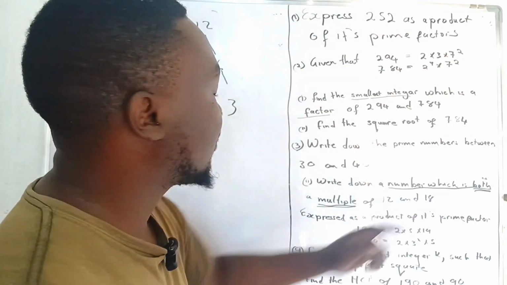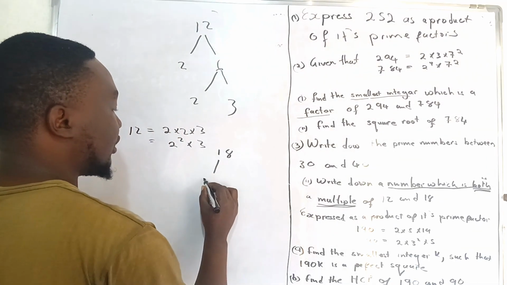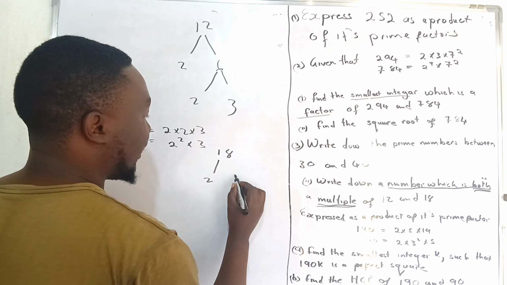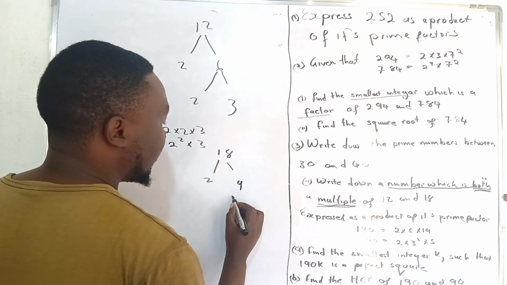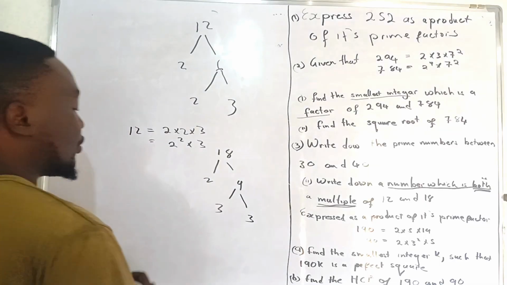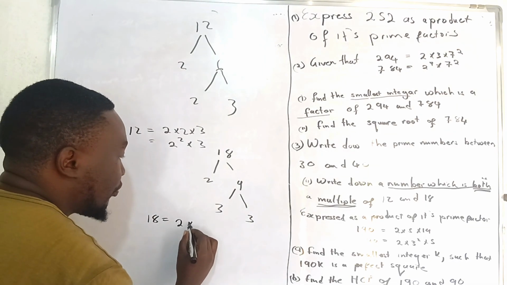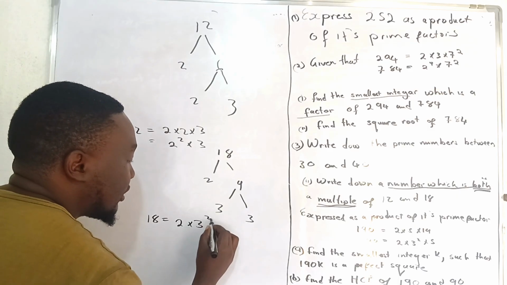And you have 18. We express 18 as a product of its prime factors. 2 into 18 is 9, then 3, then we have 3. So 18 is given by 2 multiplied by 3 squared.